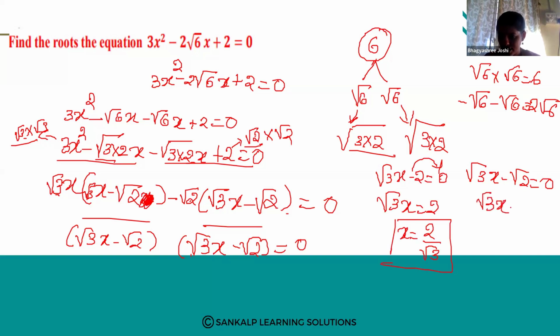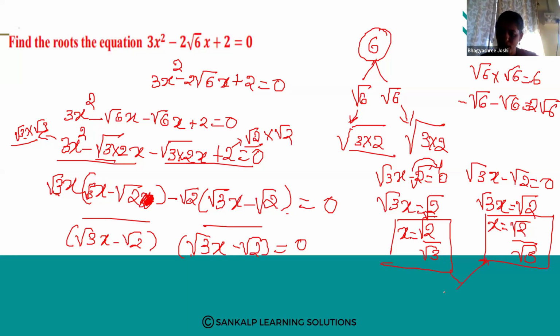So root 3x is equal to root 2. X is equal to root 2 divided by root 3. This is another root. So the two roots are 2 divided by root 3 and root 2 divided by root 3. These two are the two roots of the quadratic equation 3x square minus 2 root x plus 2 is equal to 0.